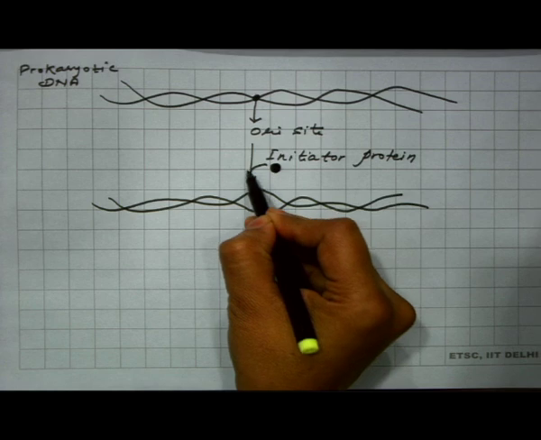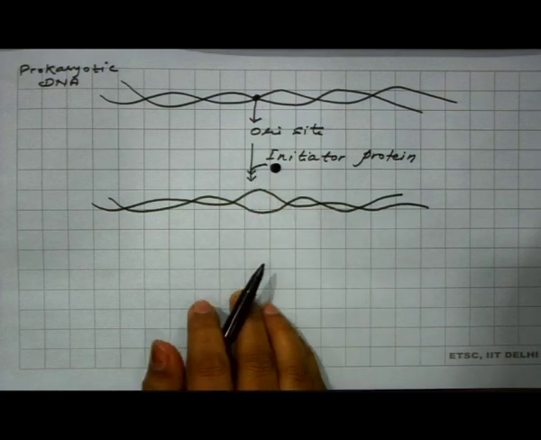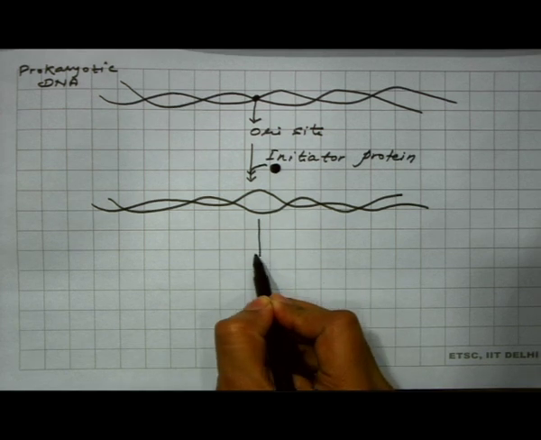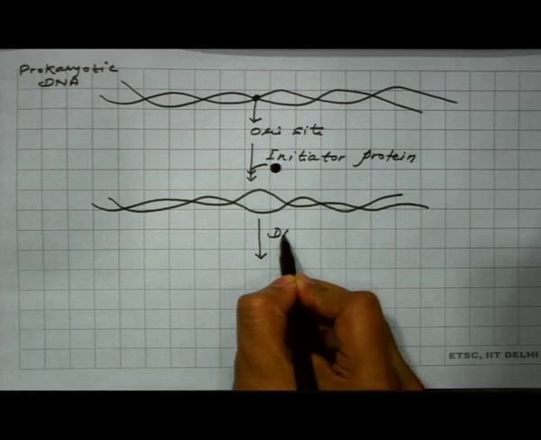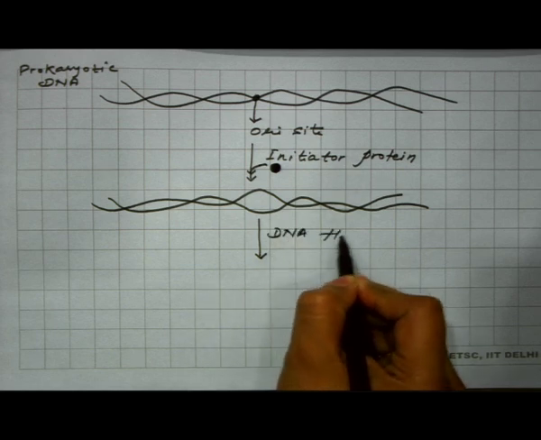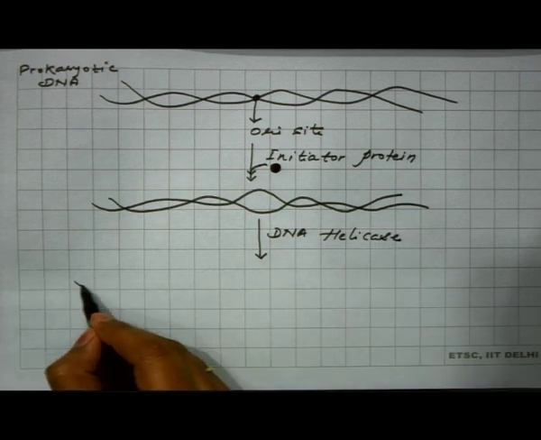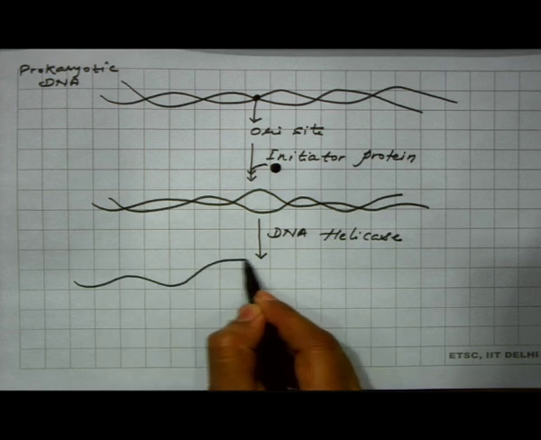So, this unwinding of a short stretch of DNA is because of the initiator protein, and after this unwinding the DNA helicase enzyme will continue the unwinding of the DNA strand.